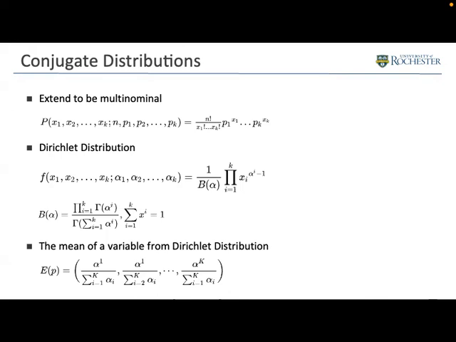Because if we are using the LDA model, then we need the multinomial distribution. Then, for easy calculation, we need our prior to be the Dirichlet distribution. Because the prior is Dirichlet and we are drawing the multinomial distribution, our final posterior will also be a Dirichlet distribution.